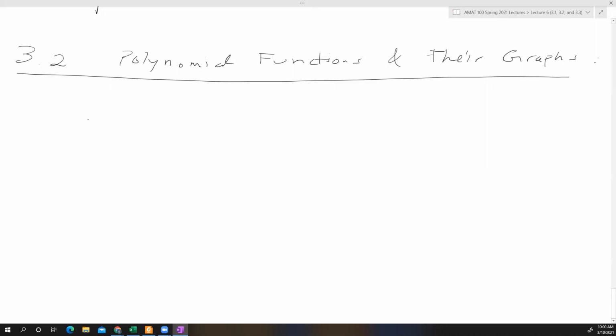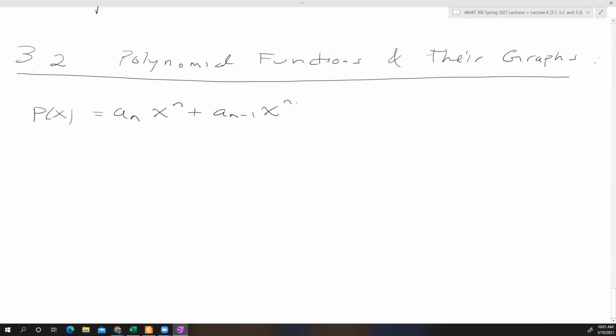At this point we should be relatively familiar with a polynomial. I'll just write down again what a polynomial is, for those who aren't quite as familiar with it, which is fine.